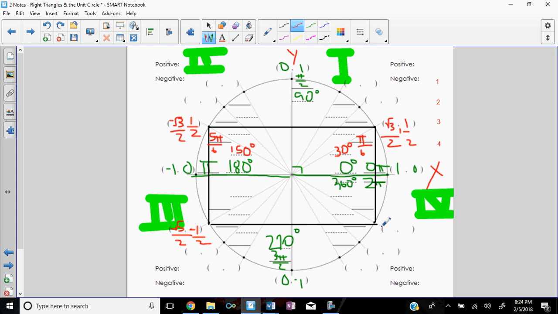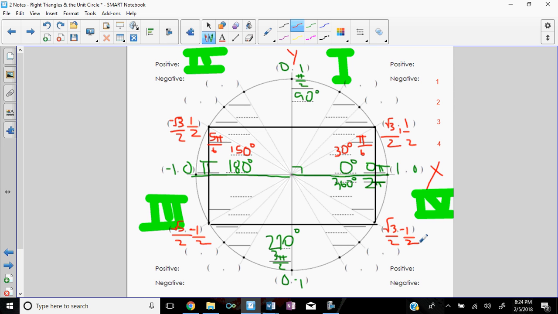And if I move over here, my x value is going to be positive again. So this is going to be a positive square root of 3 over 2, and a negative 1/2.